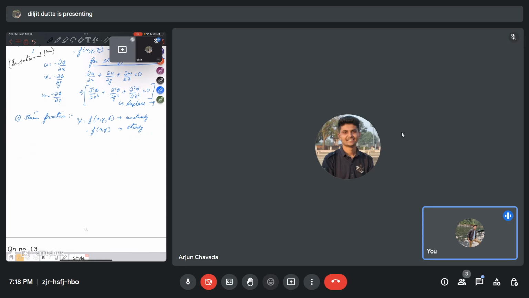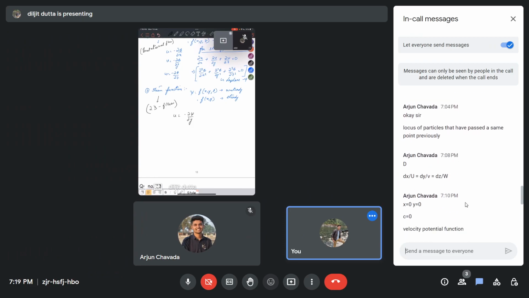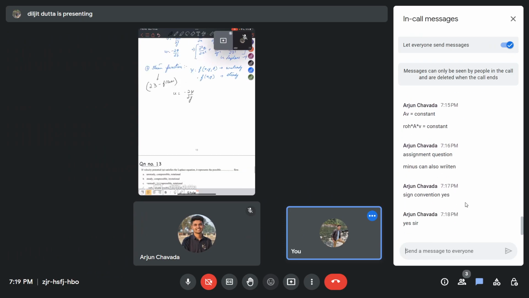And secondly, stream function. So stream function exists only for 2D flow, it doesn't exist for 3D flow. So here it is given as u equals minus del psi by del y, and v is given as del psi by del x.